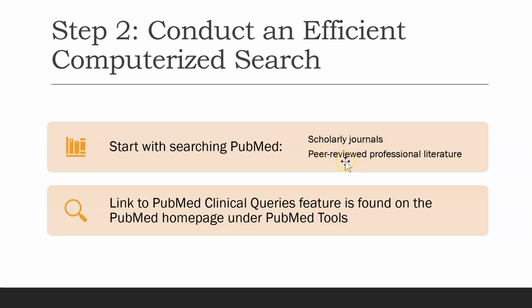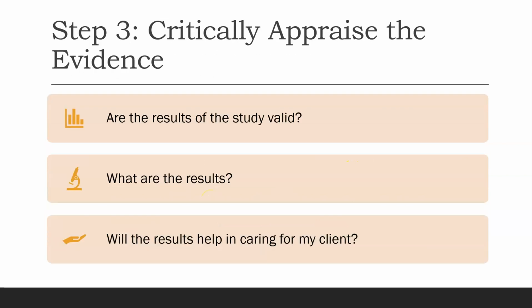So peer-reviewed means it was looked at by other professionals before it was published. So that's kind of good, right? Because people reviewed it before it was published, and so that lends credibility. So PubMed is a great example of finding articles.